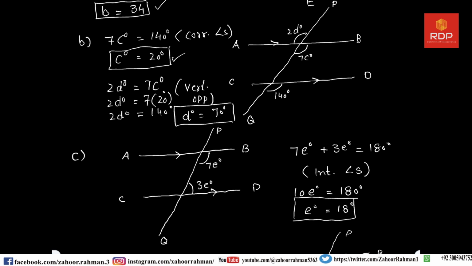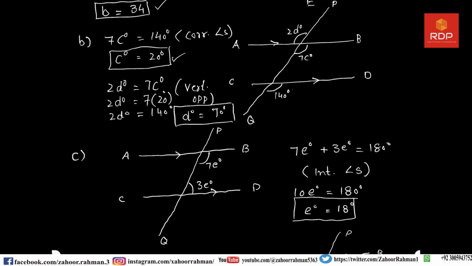Different angles are given in the form of variables, one of them is 7c degree, the other is 2d degree, and one already measured angle is given as 140. In the context of this information, we have to find the unknowns, that is c.